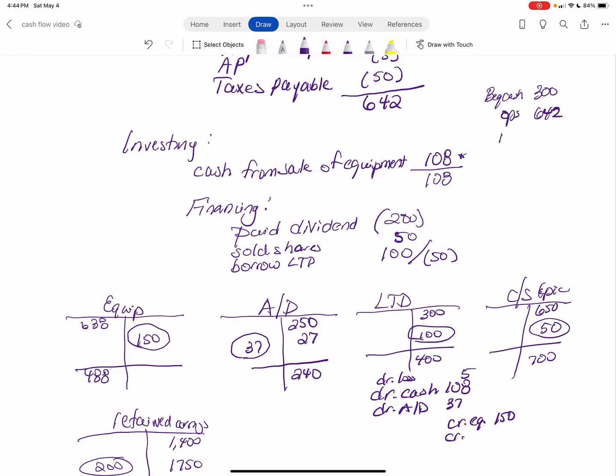I brought in 108 when I sold that equipment, and I spent 50 net in financing. And if we've done this all correctly, the sum of these should equal the ending balance in cash, which is $1,000, and it does. So we've explained that net change in cash of $700. Again, if you take the 642 plus the 108 minus the 50, that equals the change of 700.